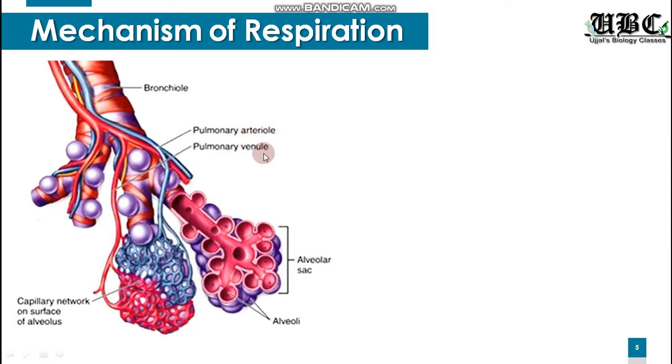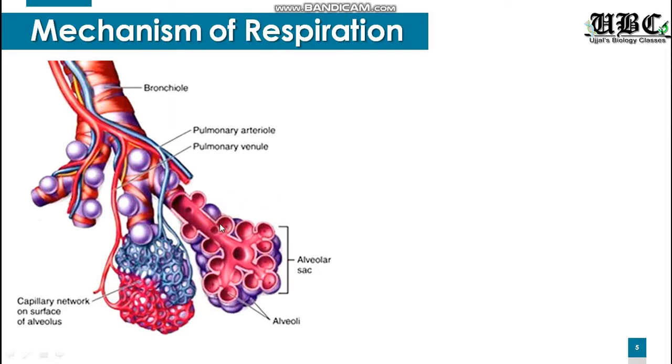See, arteriole and venule are the smaller parts of an artery and a vein respectively. So here the pulmonary arteriole is blue in color, that is, it consists of deoxygenated blood, and it is taking this blood from the heart and bringing it to the lungs for purification.